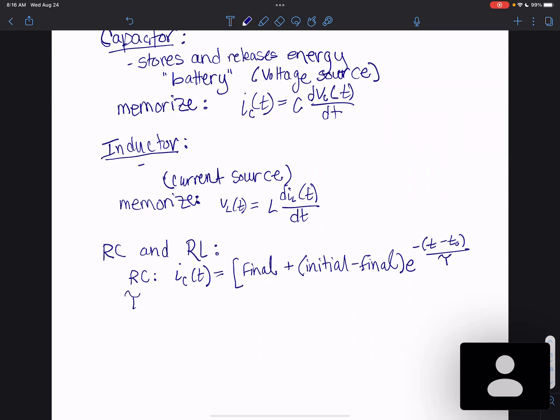And tau for this was our Thevenin R times C.